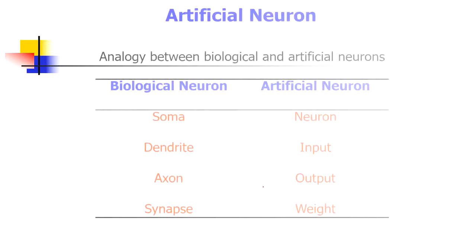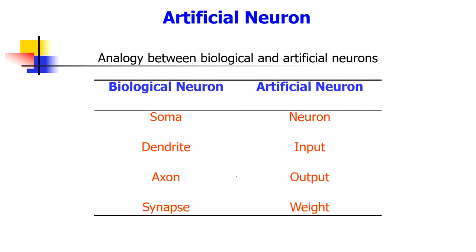So this is the labeling from the biological neuron to the artificial neuron, in which soma will be the neuron, dendrites will be the input, axon will be the output, and synapse will be the way of connection.